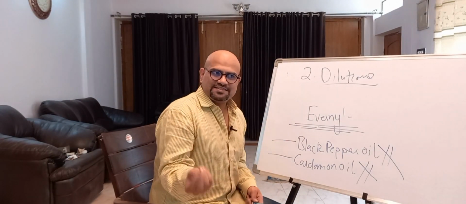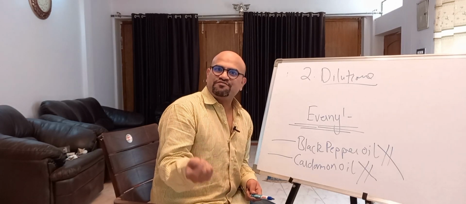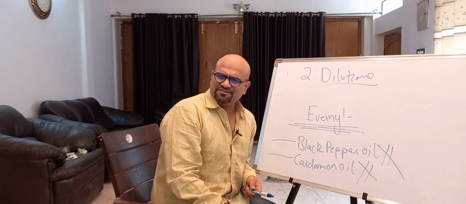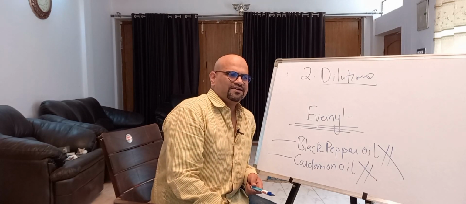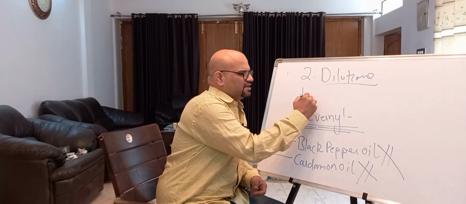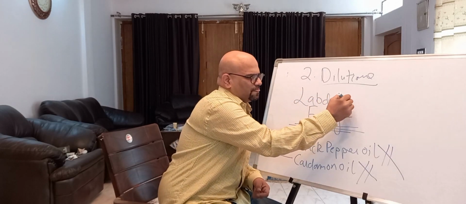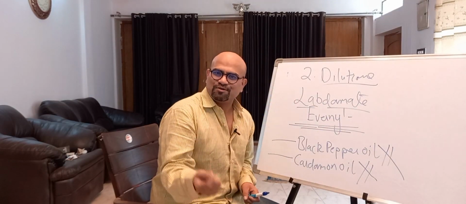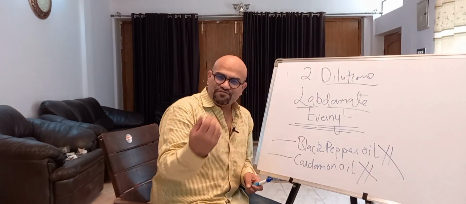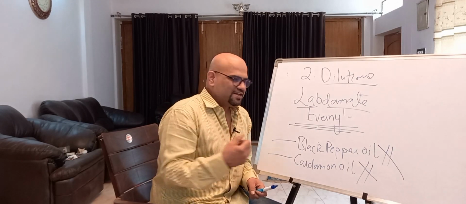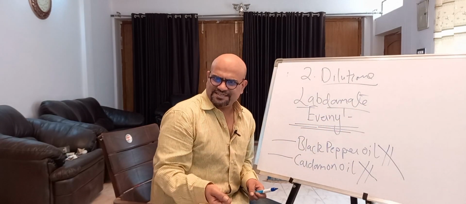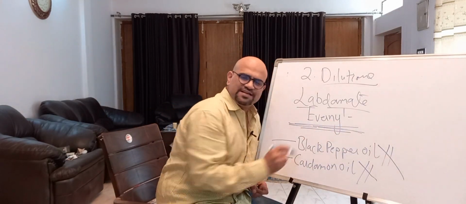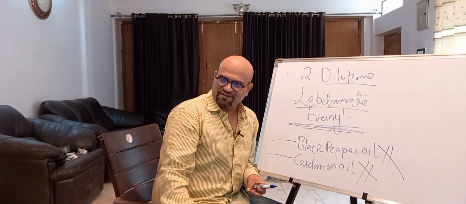Now, Evernyl is a powder which is used to give the effect of oak moss, in a way you can say. One of the classic materials used in perfumery. There is another material called Labdamate. Labdamate is also a good material, but to give a particular effect of oak moss, Evernyl is probably one of the best materials you can find.